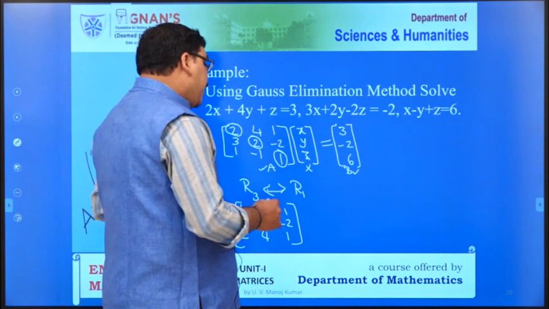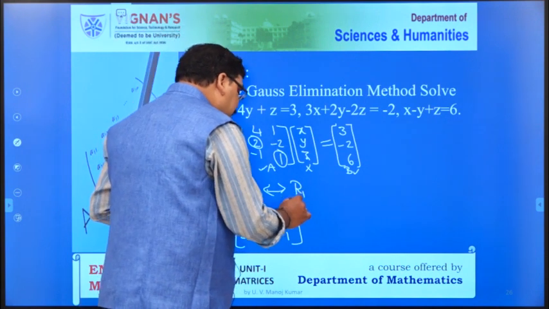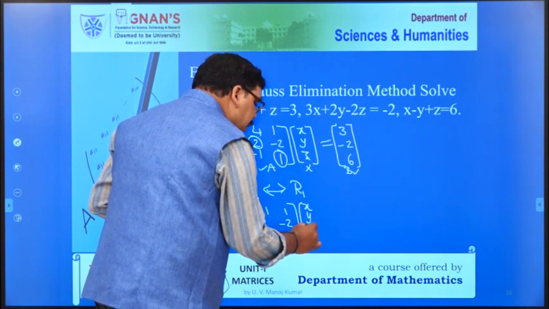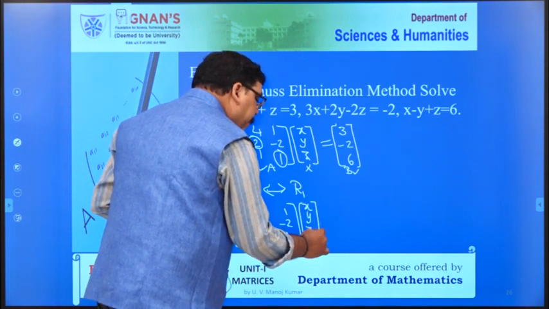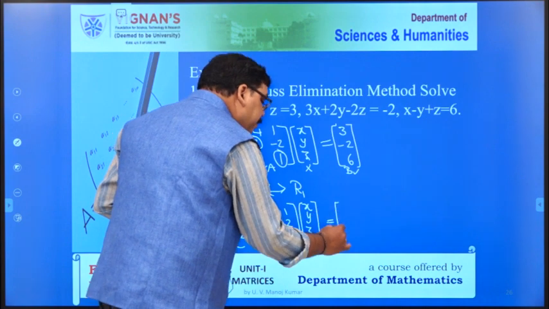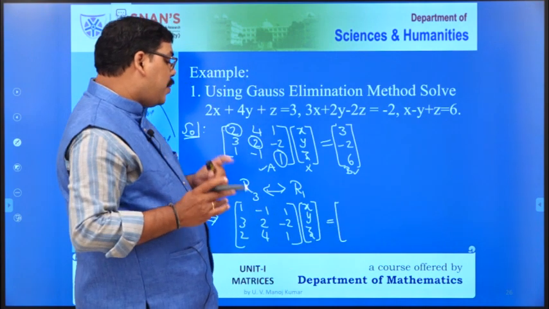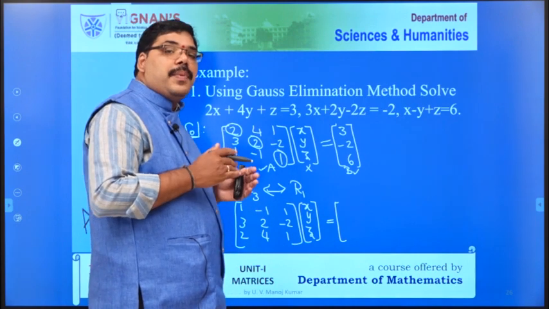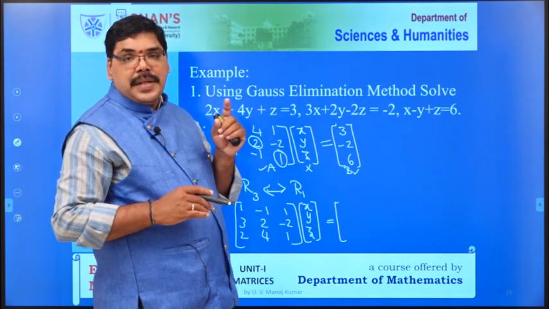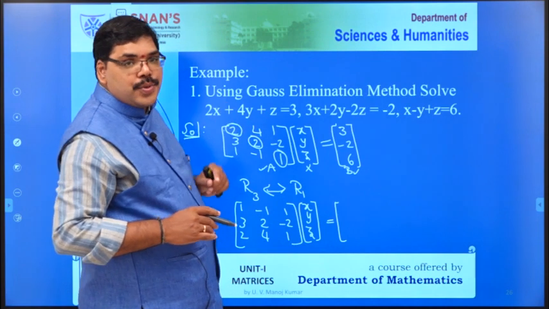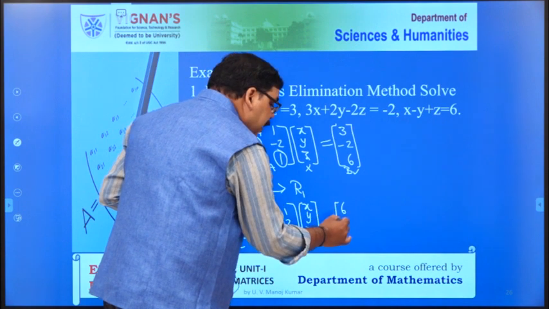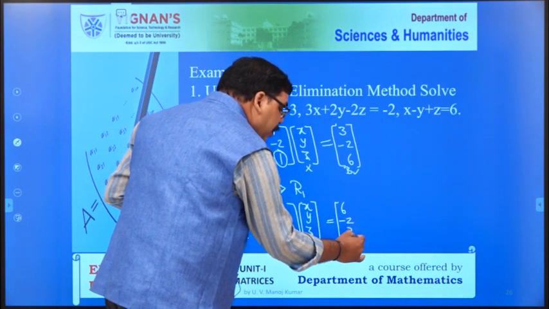The row operation should be applied on A and B. Variable matrix will not change till the end. Okay. We are also applying the same row operation on B. Whatever the row operation you are applying on A, the same row operation you have to apply on B also. So what I will get? 6, minus 2, 3.